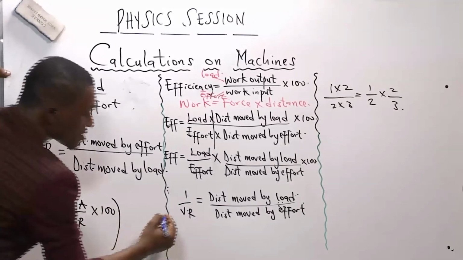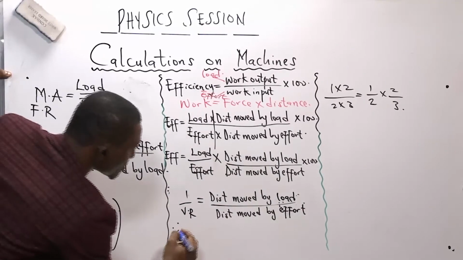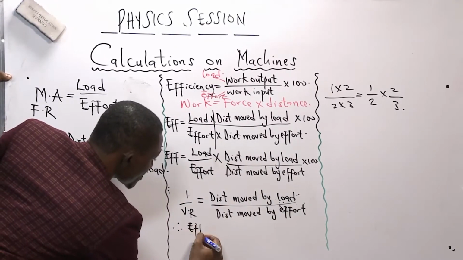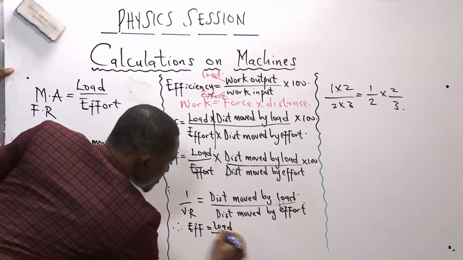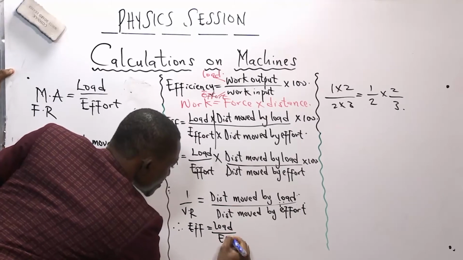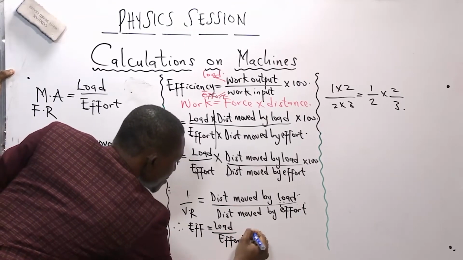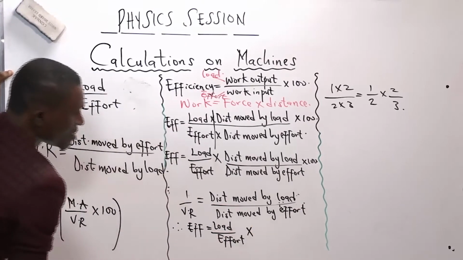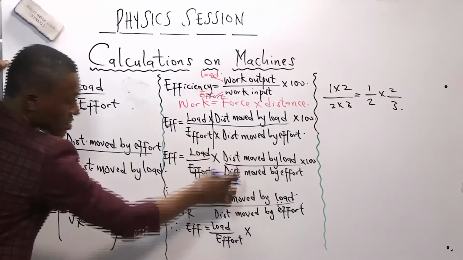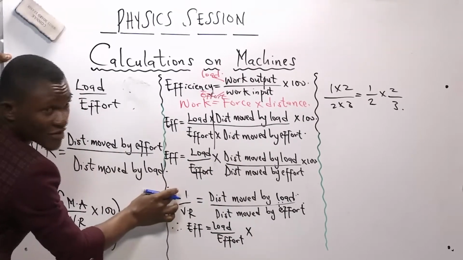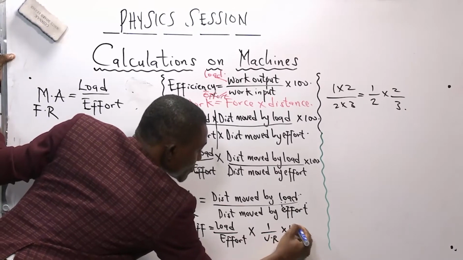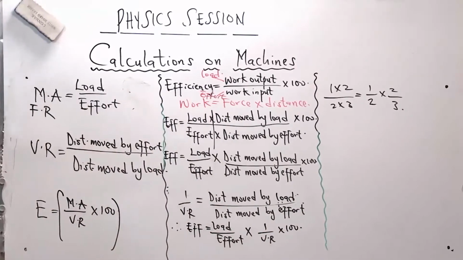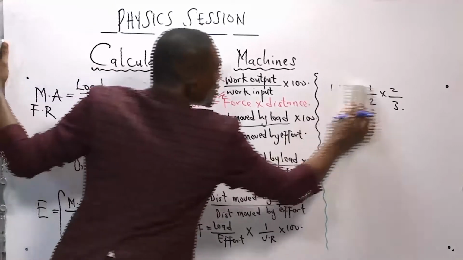So I can now say finally that my efficiency is equal to load over effort times the whole of this now, which is 1 over VR, times 100. It's very simple. I know it looks complicated, but it's very simple.